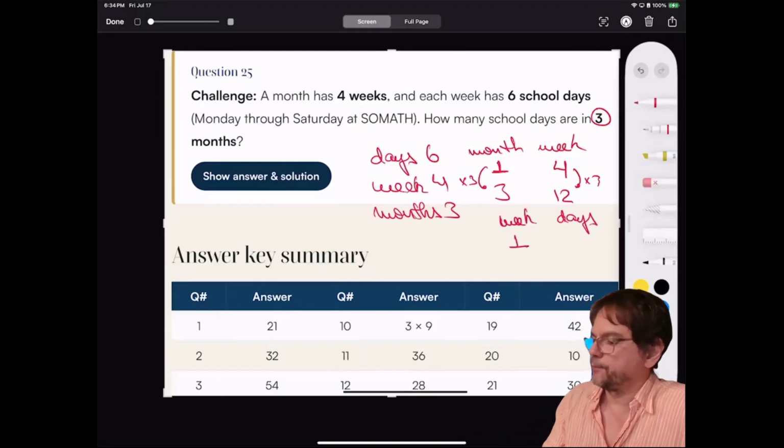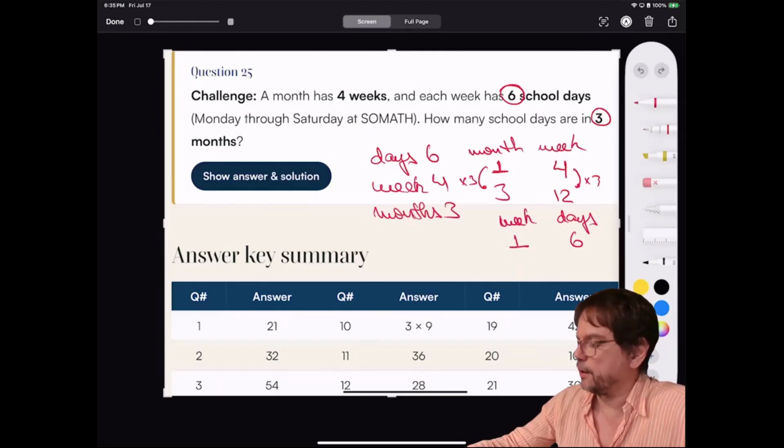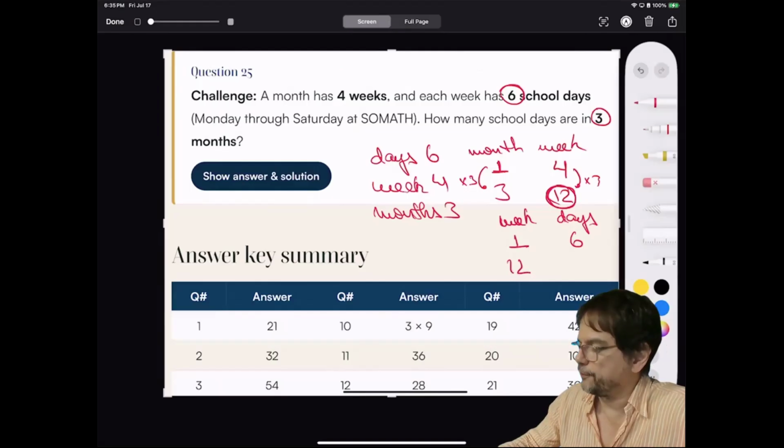One week has how many days? 6 days. Do you agree? 1 week has 6 days. 4 weeks, I multiply by 4. But I don't have 4 weeks anymore. How many weeks do I have? 12.